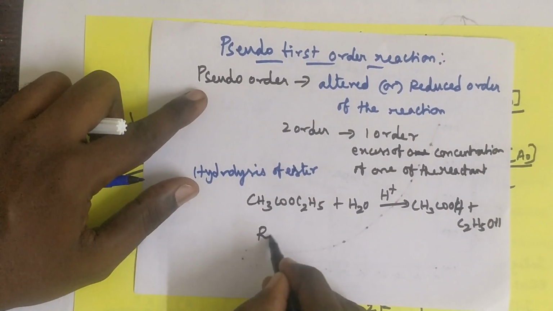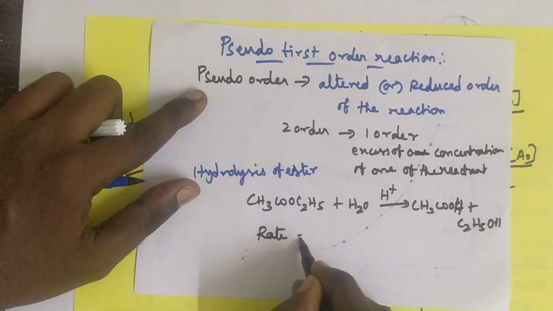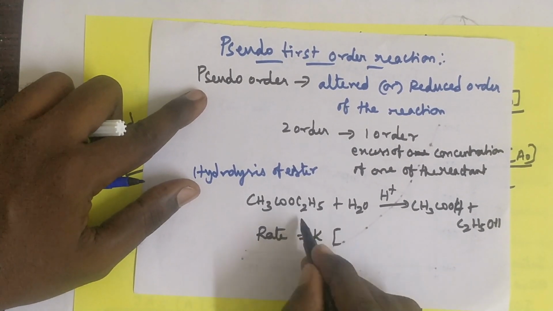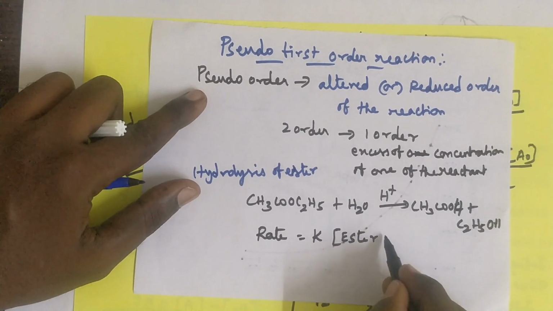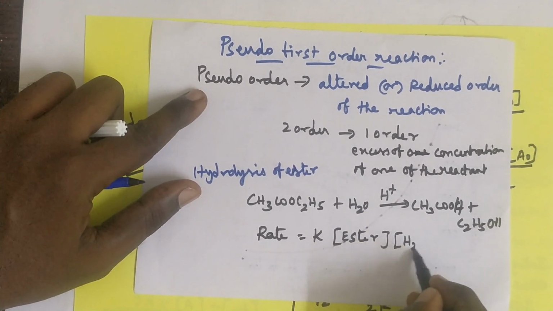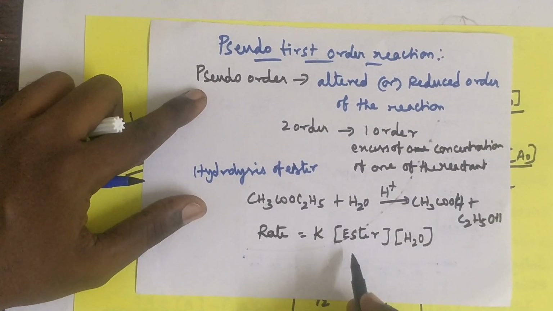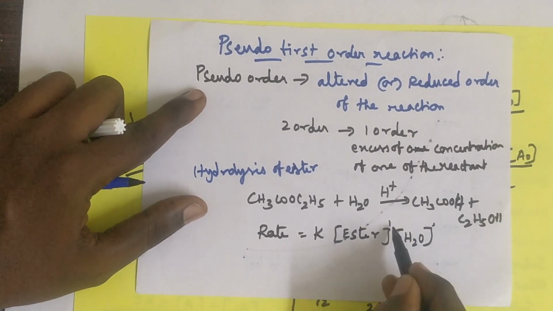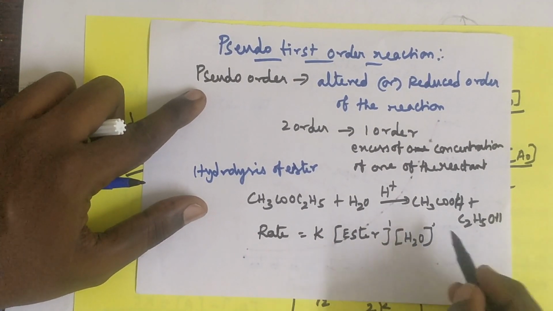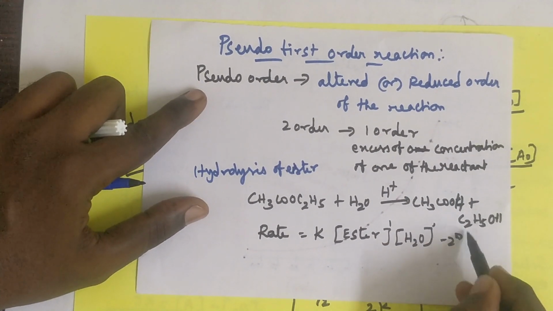For this reaction, the rate is directly rate equal to k into ester into concentration of H2O. So it is always a second order reaction, because the number of reactants is 1 and 1. So overall it is second order.